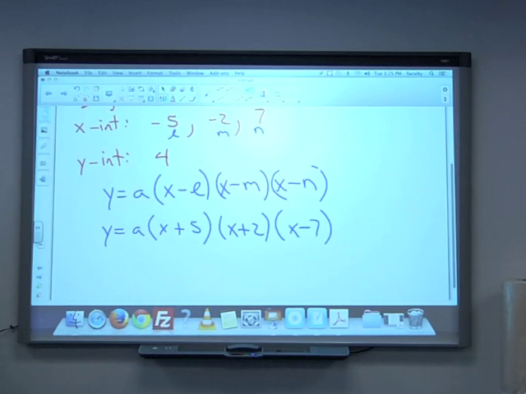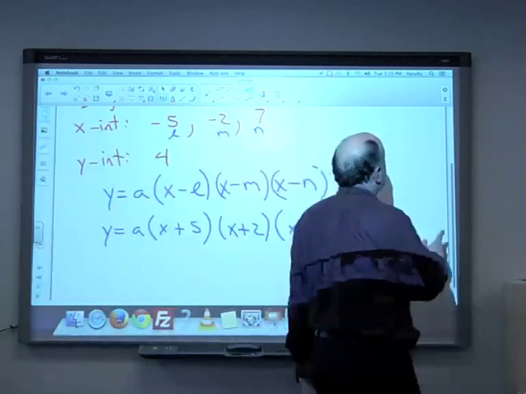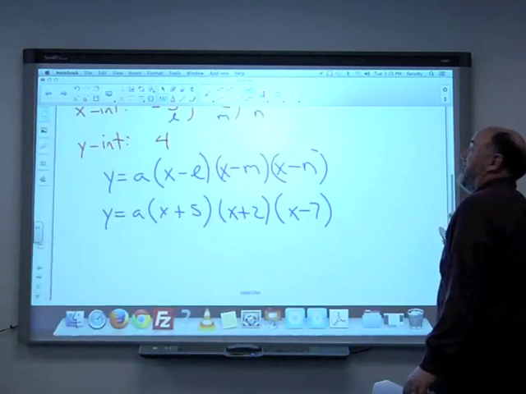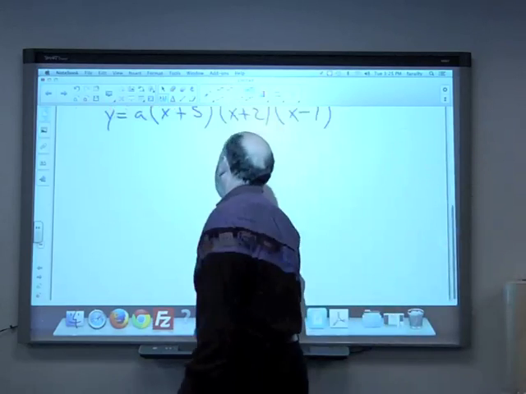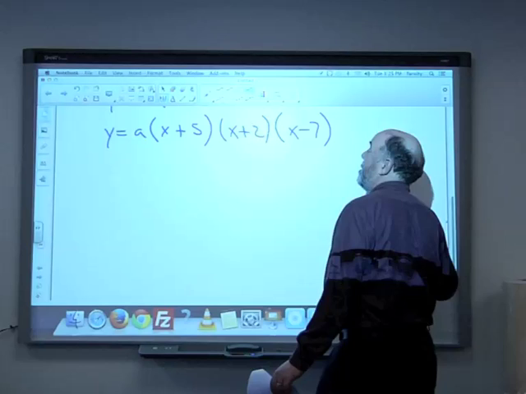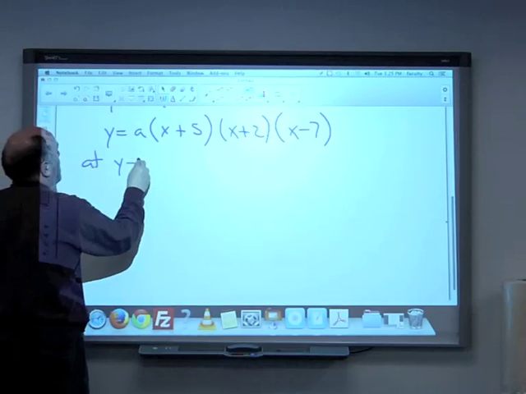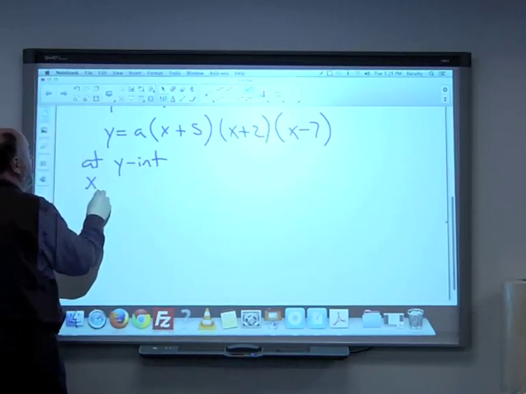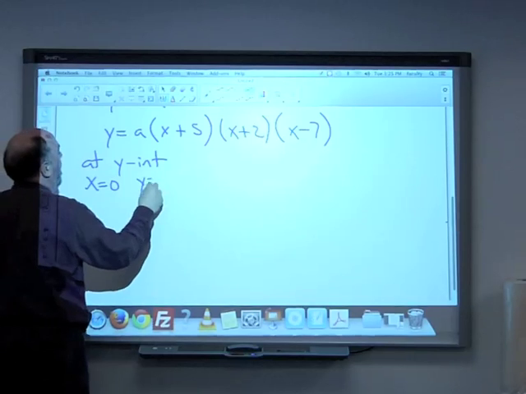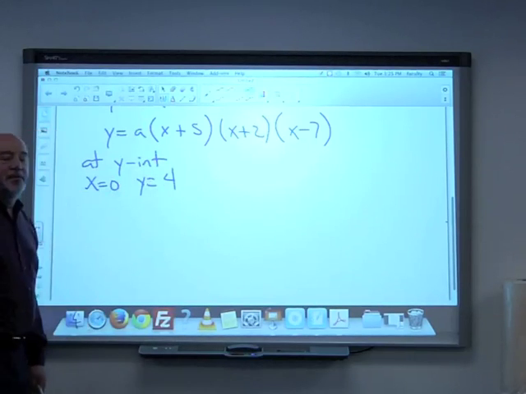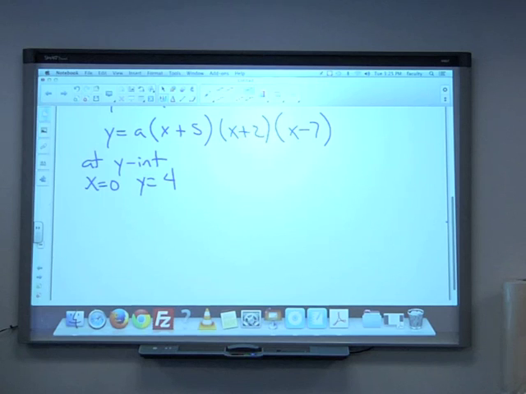At the y-intercept, x is going to equal 0, and the y I had up there was 4, because at the y-intercept, the x value is always 0.